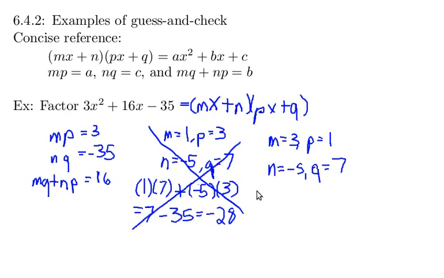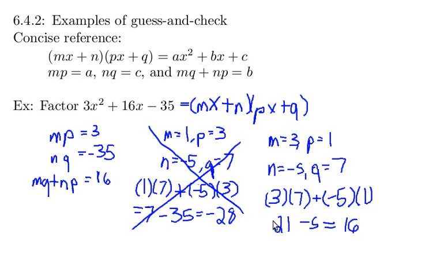So that means we'll have 3 times 7 plus negative 5 times 1. 3 times 7 is 21 minus 5, well, that just happens to be 16. And 16 is our b. So this is the correct set of variables.